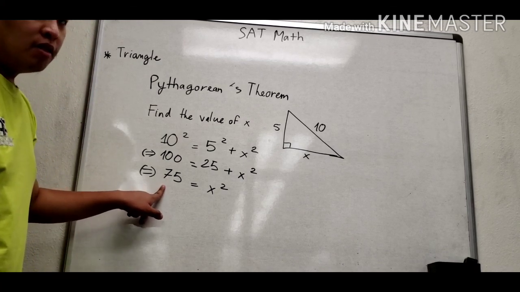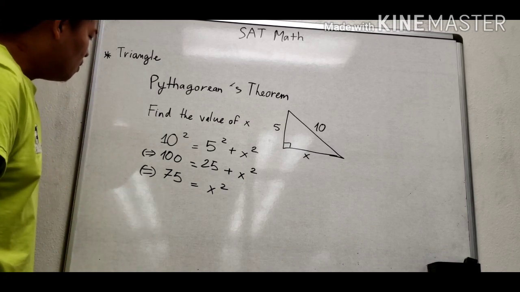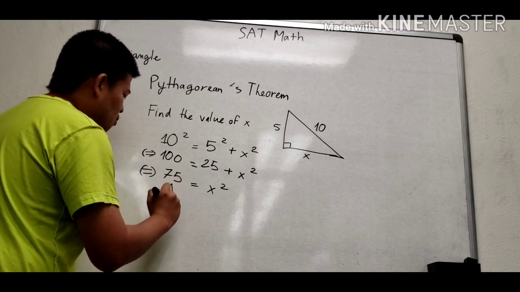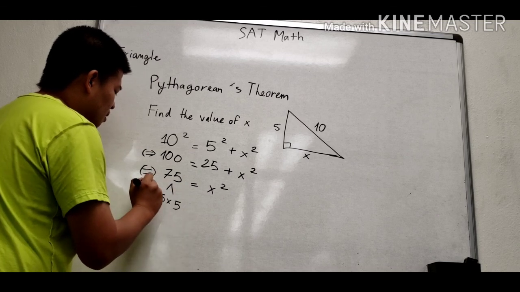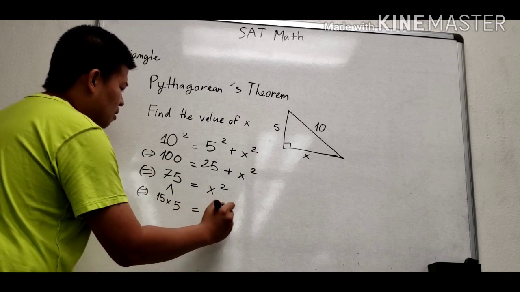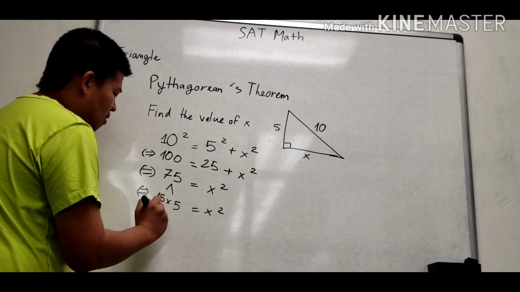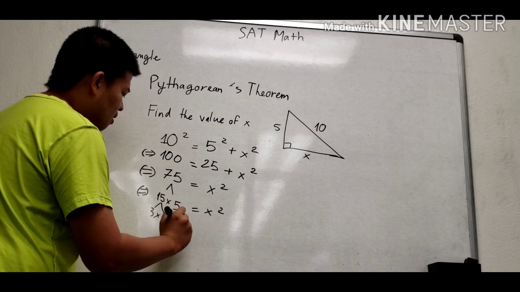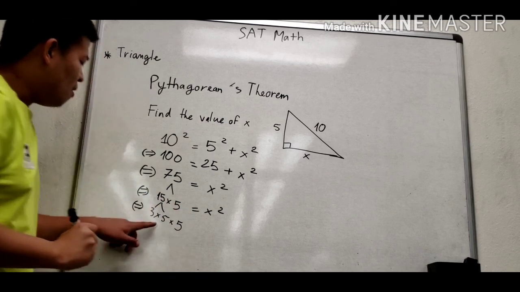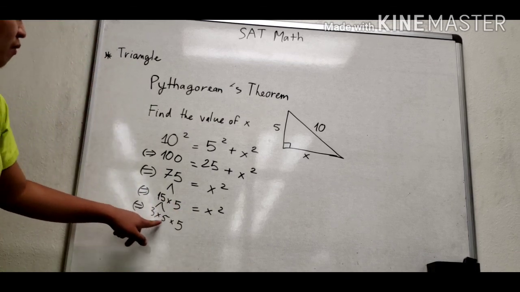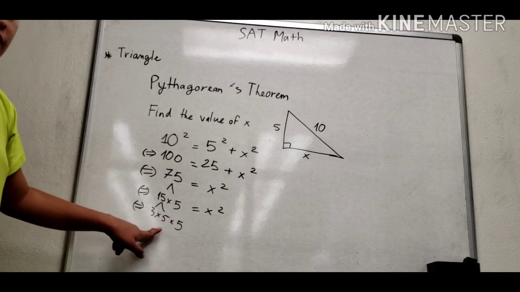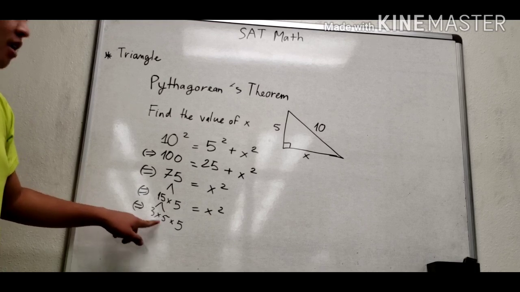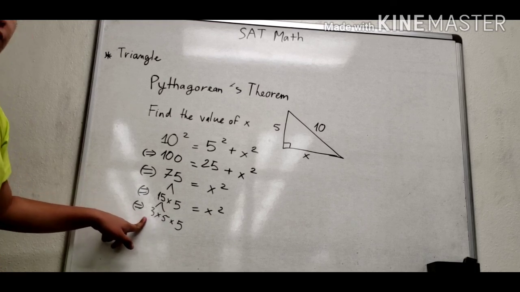In 75, you get 15 multiplied by 5. And in 15, you get 5 and 3. So now you have 3, 5, 5. If you do the square root, the square root of 25 becomes 5, and the square root of 3 stays as 3.